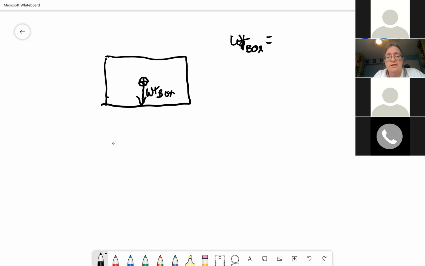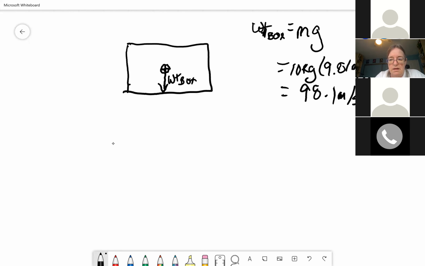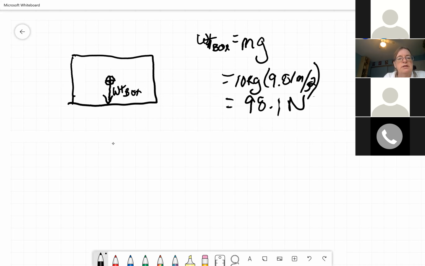That's where you get 98.1 kilogram meters per second squared, which is again, of course, newtons. So that's the weight of the box.